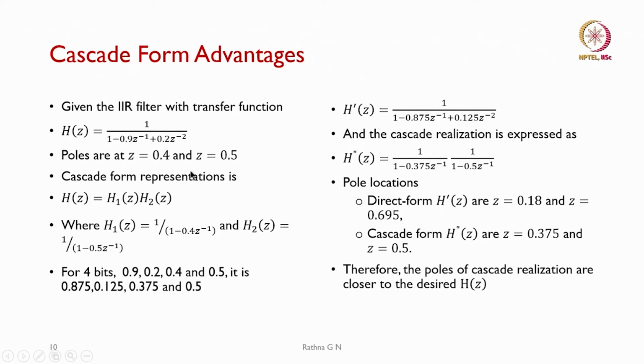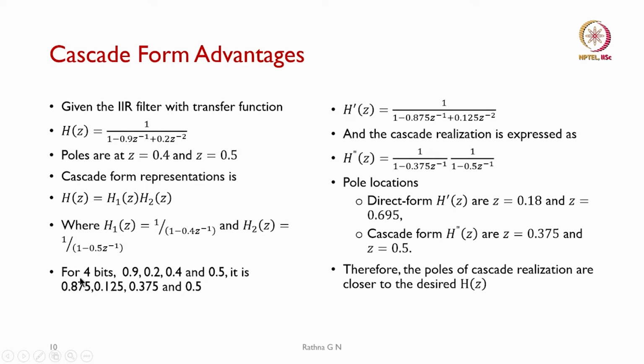In the cascade form representation, we represent this as H1(z) into H2(z). So H1(z) is 1 / (1 - 0.4 z^-1), and H2(z) is 1 / (1 - 0.5 z^-1). So this has been converted into (1 - 0.4 z^-1) into (1 - 0.5 z^-1), which will realize this equation. That is how the poles are there.